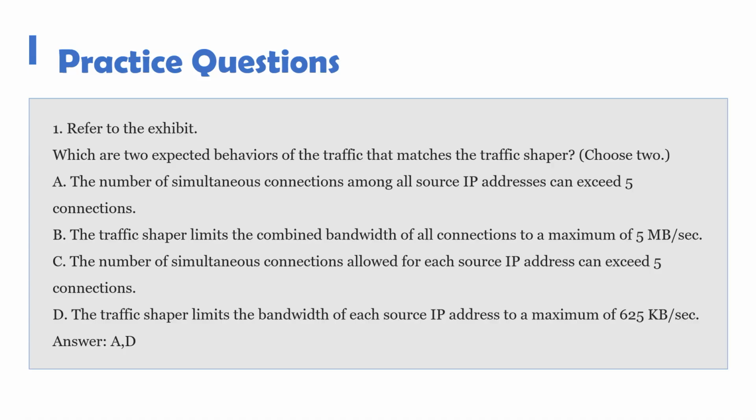C. The number of simultaneous connections allowed for each source IP address can exceed 5 connections. D. The traffic shaper limits the bandwidth of each source IP address to a maximum of 625 KB/s. Answer: A, D.